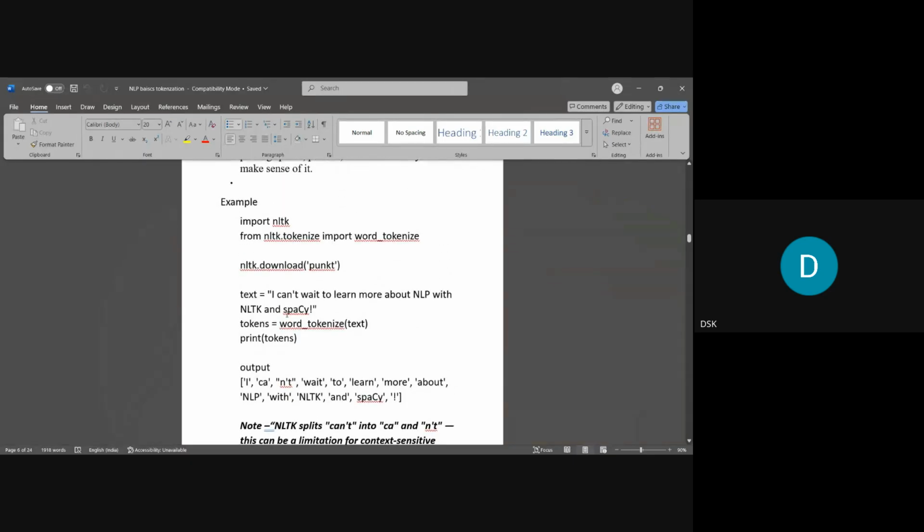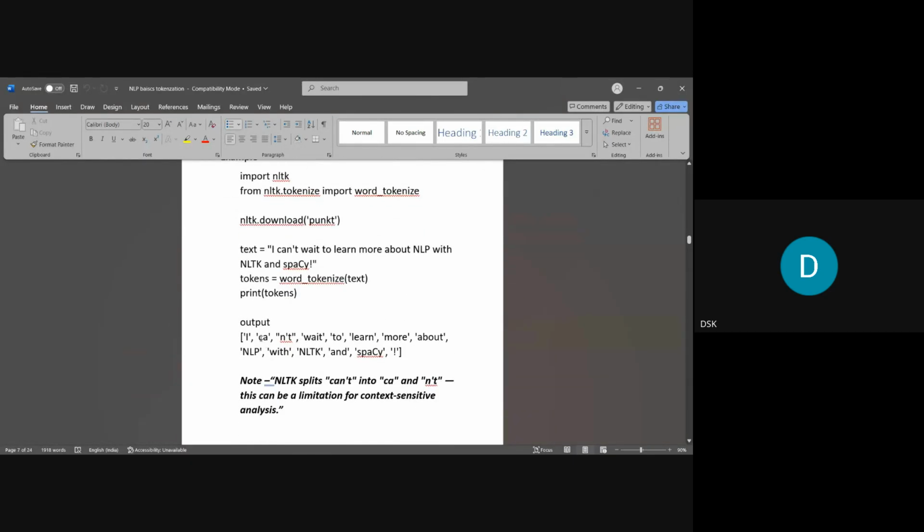As you can see over here, can't cannot be split, because this is a limitation for context sensitive analysis. So the sentence is, I can't wait to learn more about NLP with NLTK and spaCy.